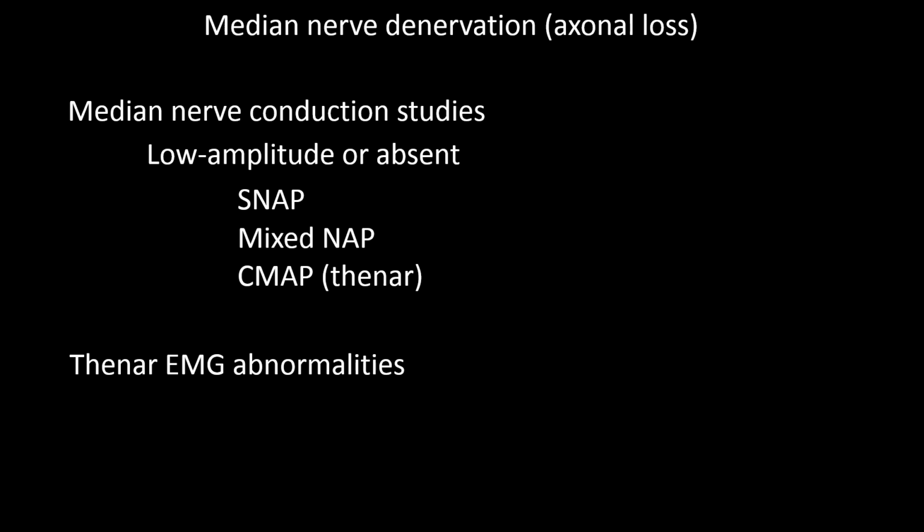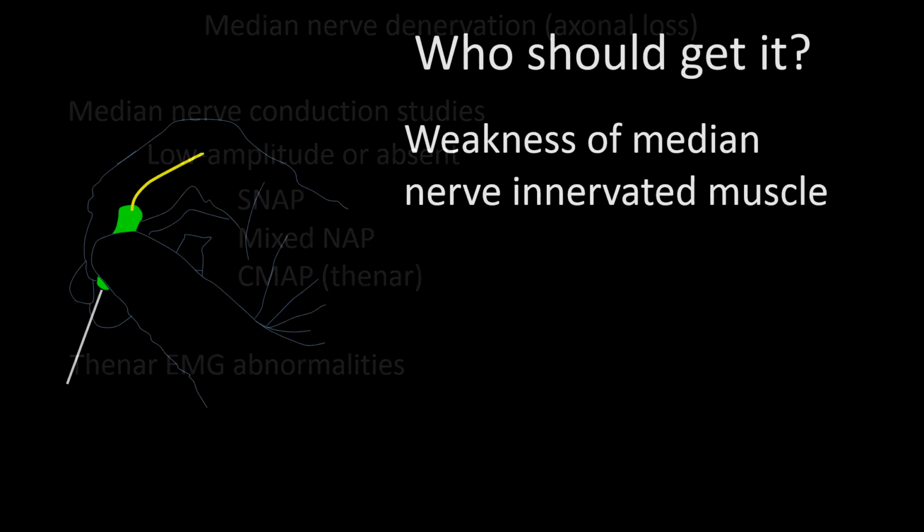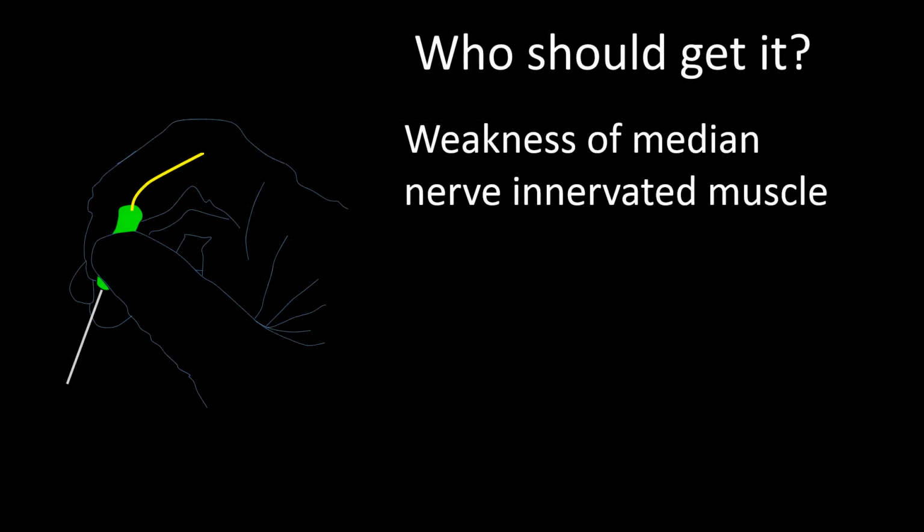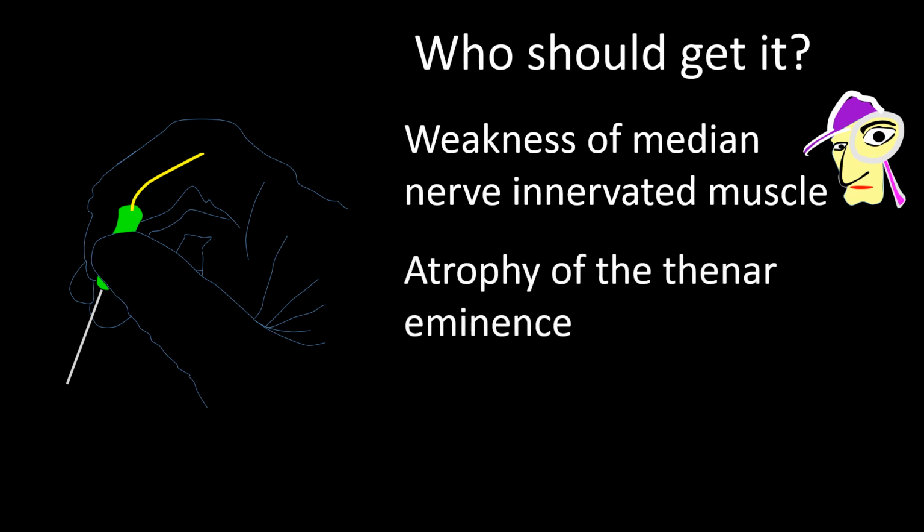So many neurologists recommend to do EMG when weakness of the median nerve innervated muscle is clinically detected. That is, if the weakness is present, if atrophy in the thenar muscle is present.